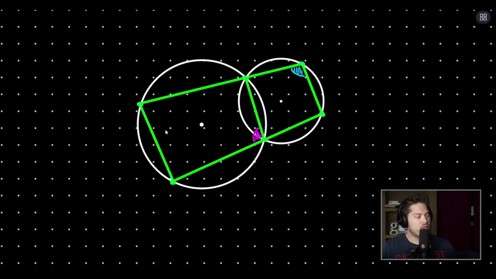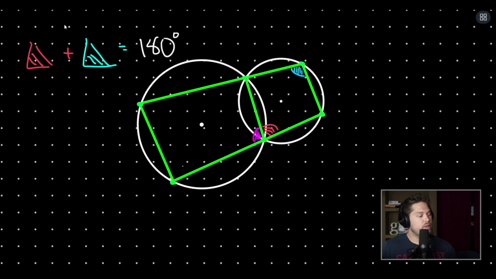Okay. So recall that with cyclic quadrilaterals, the opposite angles are supplementary to one another. Therefore, if I look at this smaller circle, this red angle plus the blue angle in question are supplementary, so they must sum to be 180 degrees.